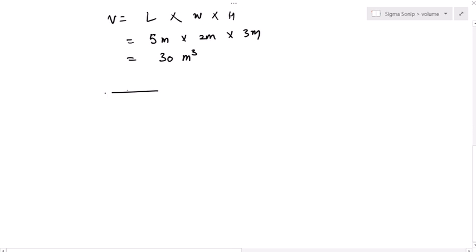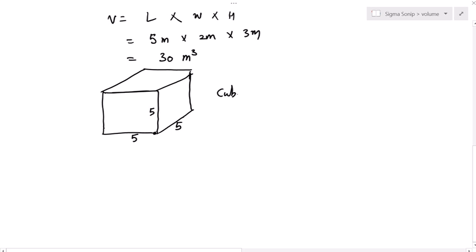So if you have a rectangular prism like this, where height is 5, length is 5, and width is 5, then it is known as a cube. Again, the formula for finding the volume of a cube is the same. You just multiply length, width, and height, and you get your volume.